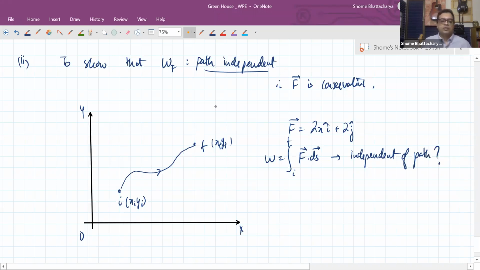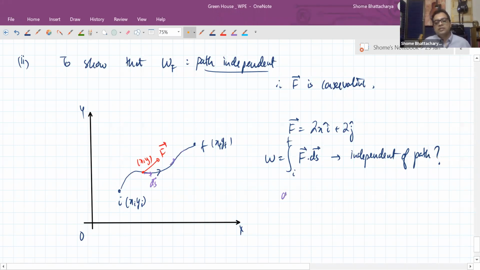Okay. So now substitute. At a general point over here, let's say my coordinates are x comma y. So the force acting on the body is F like this, or on the particle or whatever. And the displacement is not in any particular direction. The displacement is continuously varying in direction.